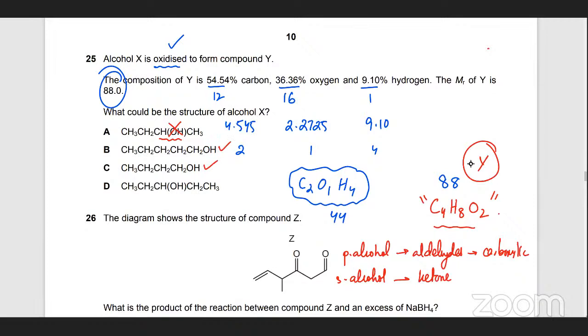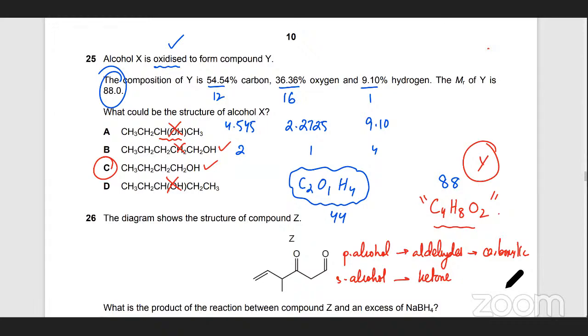This one is a primary alcohol. This is again not possible. It's a secondary alcohol. So you have 2 options. It's either B or C. And I think you can get rid of B because it has 5 carbon atoms, because your Y has 4 carbon atoms. So it's going to be C. A 4 carbon atom alcohol would turn into a 4 carbon atom carboxylic acid. Hence the answer is C. Is this clear? Yes.